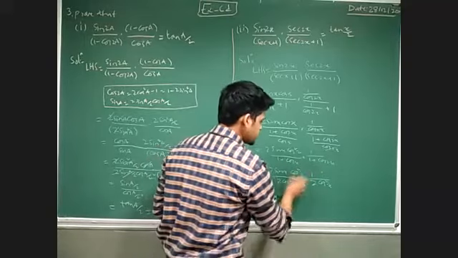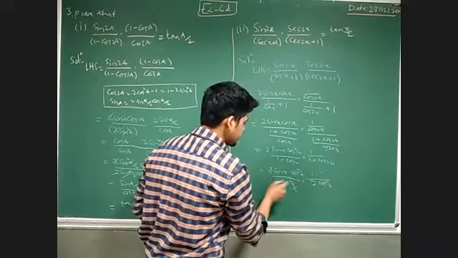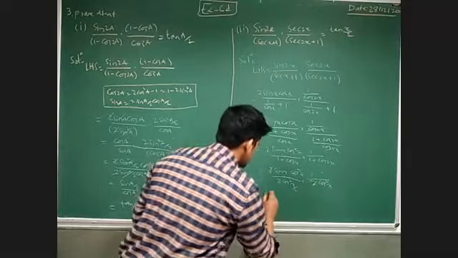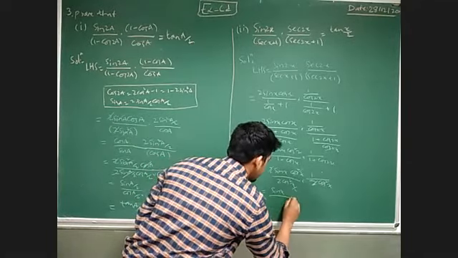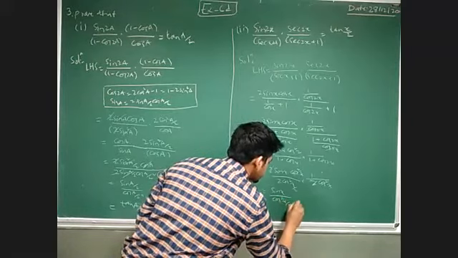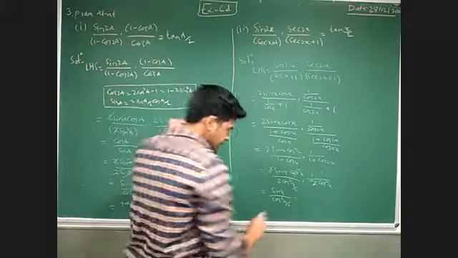Okay, this cos square will get cancelled, and 2 will get cancelled. So here I will have sin x by cos square x by 2.